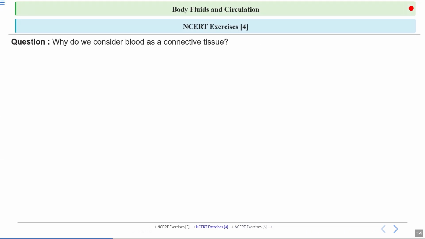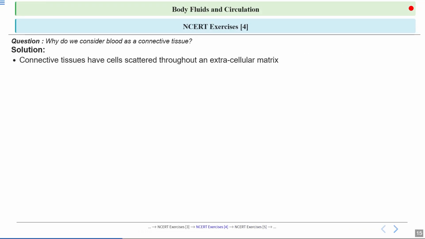Next question: why do we consider blood as a connective tissue? So let's have a look at the answer. Okay, now let's start by understanding the basic property of connective tissues.